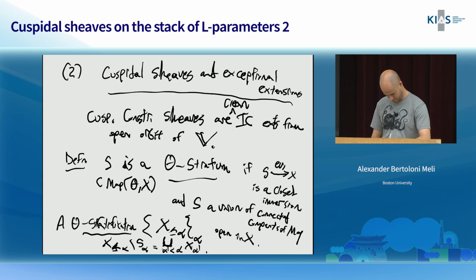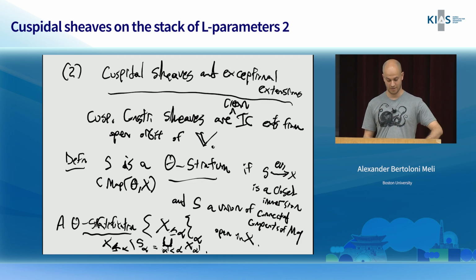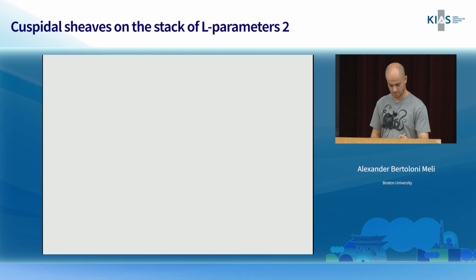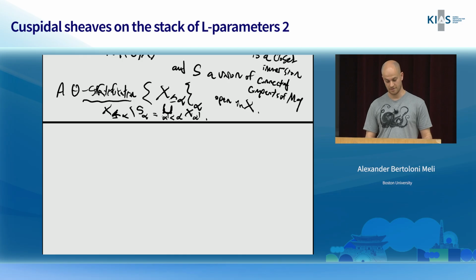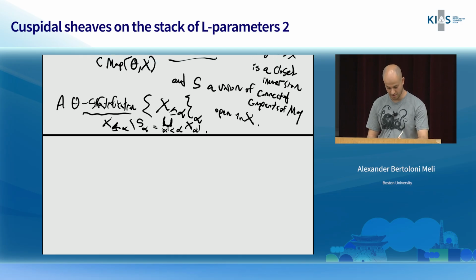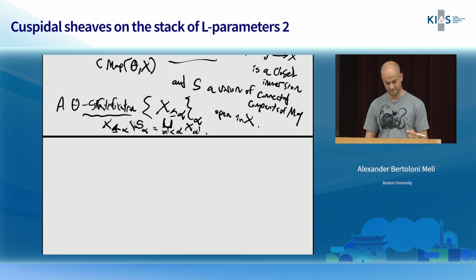So the point is this is some stratification, and the strata are these theta strata. Maybe I'll write the image of S alpha under this evaluation map. So S alpha lives in the mapping stack, but there's an evaluation to X. And is theta still A1 mod GM? Theta is always A1 mod GM. That's all we care about anymore.